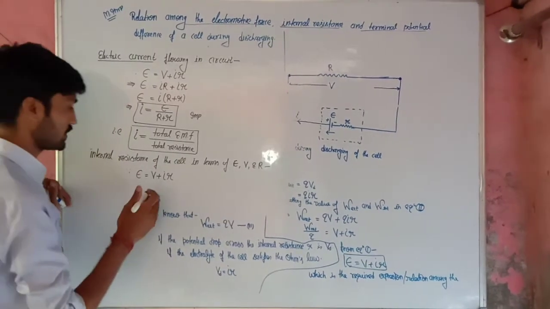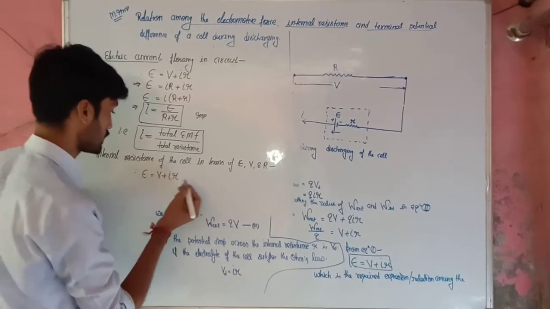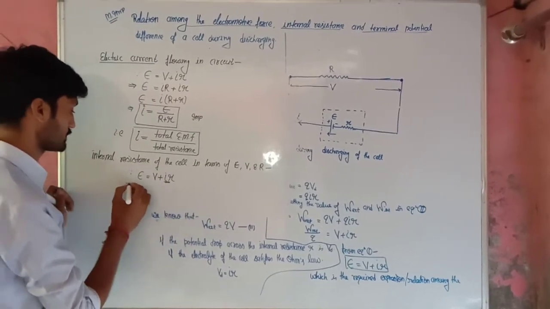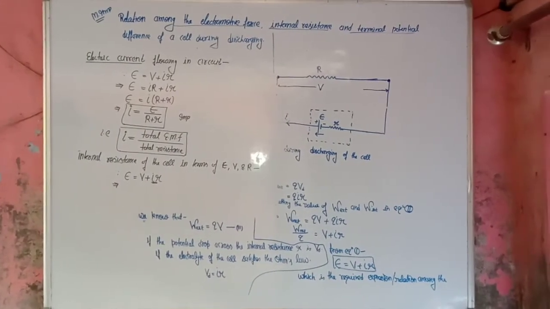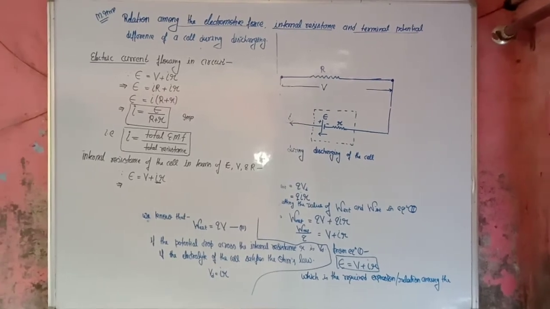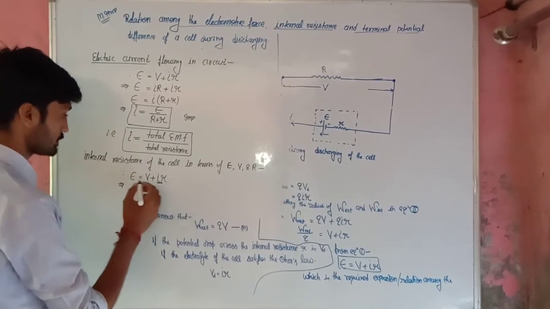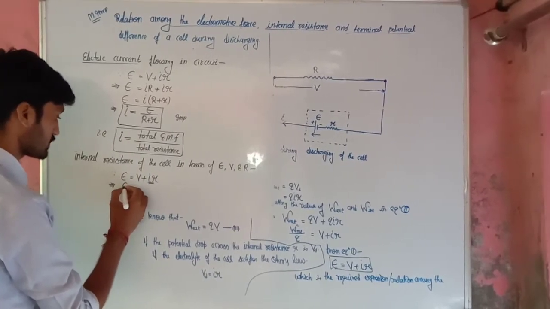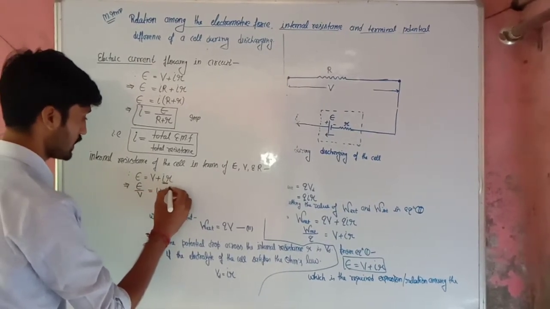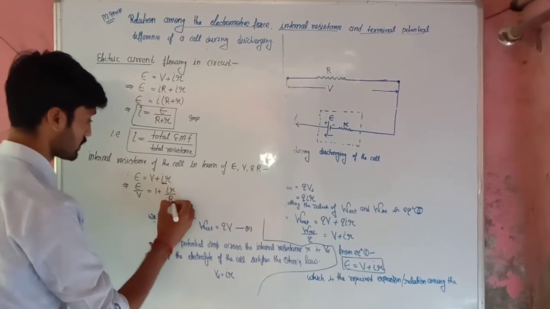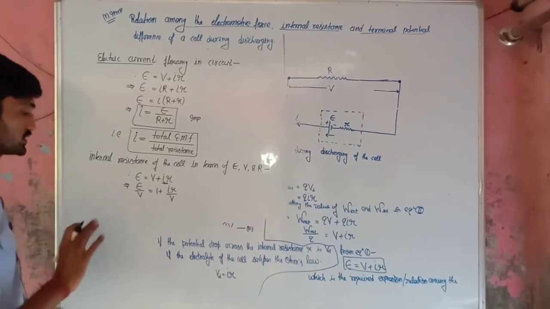First of all we will write this in another form. We can write this like this, E by V equals 1 plus I r by capital V. Okay, clear?